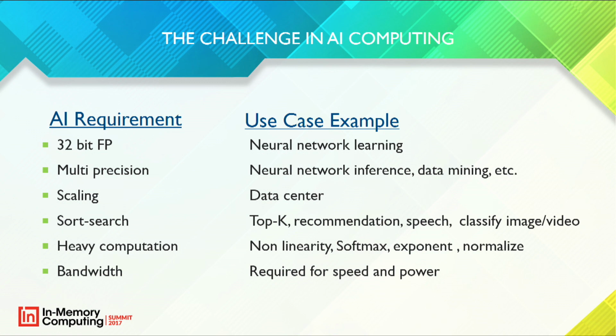We need performance for sort and search, for example to find the top K: I have 1 billion items, and I want to find the top 10,000, very fast. This applies to recommendation, speech, and classifying images and video.